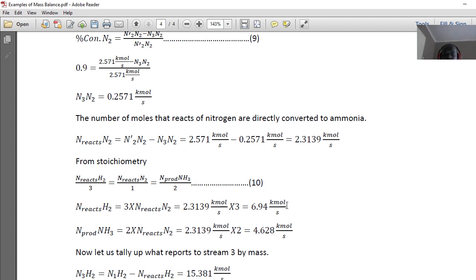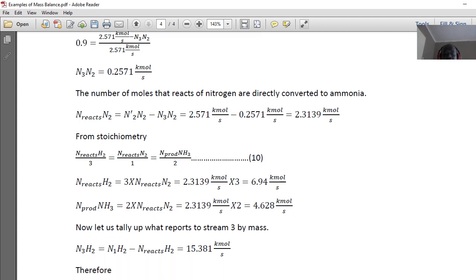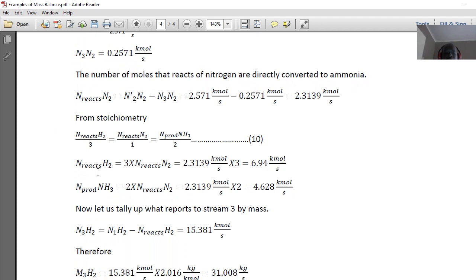And then this brings us to N reacts hydrogen is equal to 3 times the N reacts of nitrogen. To calculate the hydrogen, you take this 3, multiply, and with the basic mathematics you've got 6.94 kilomoles per second.